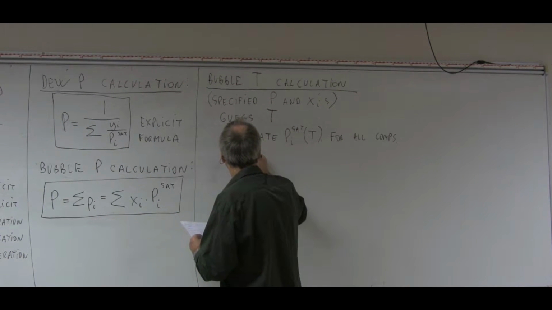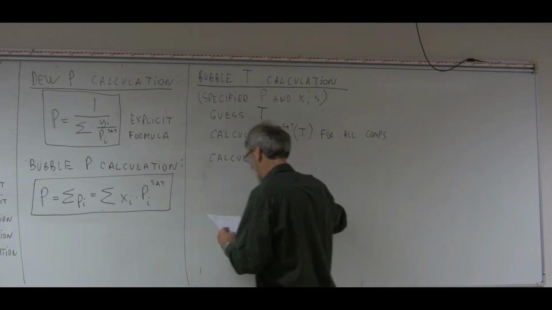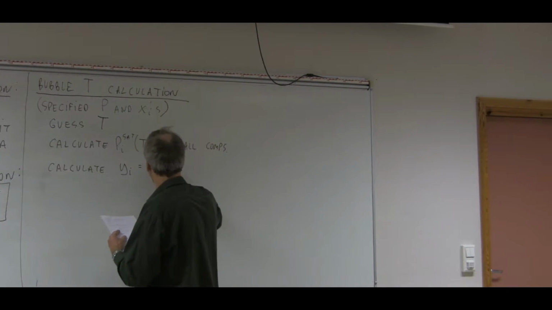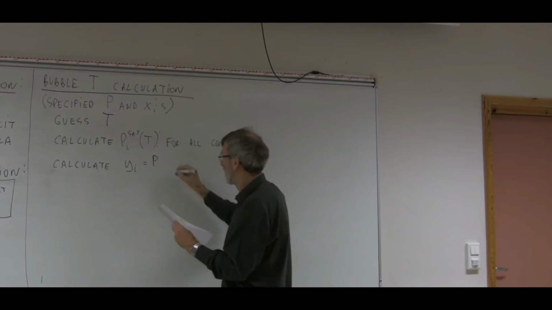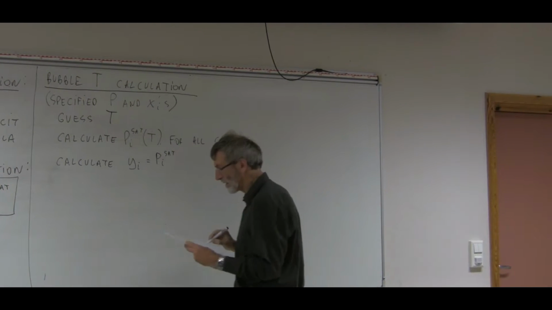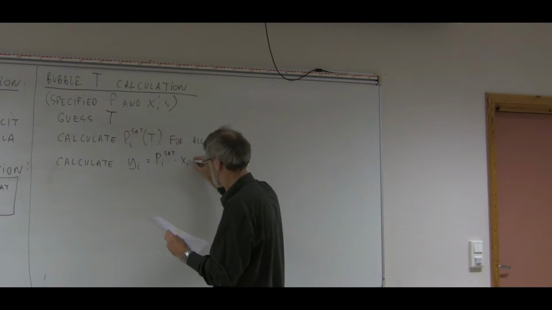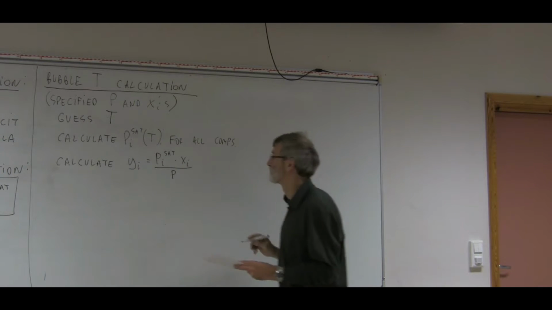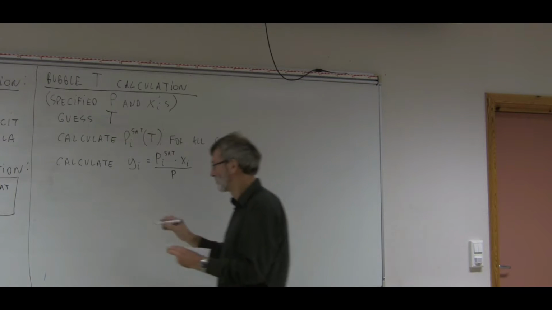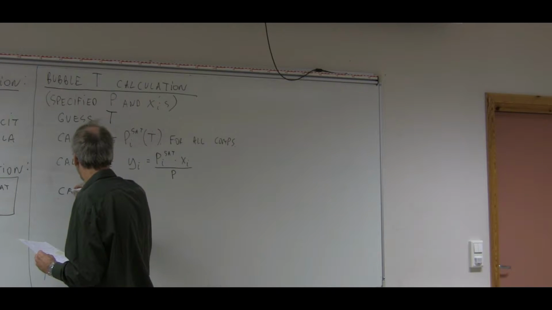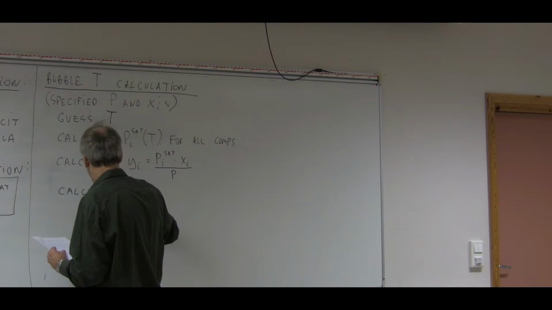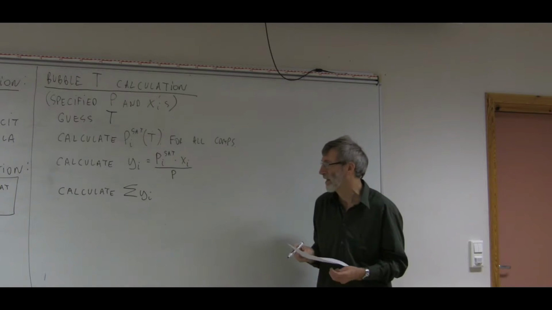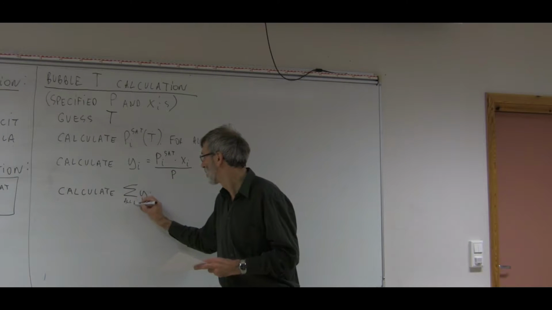Then we calculate the mole fractions in the vapor as Pi sat times xi divided by P. Then we calculate the sum of the mole fractions in the vapor.